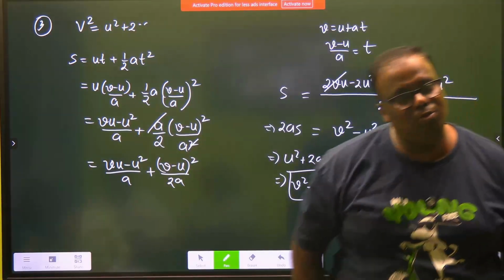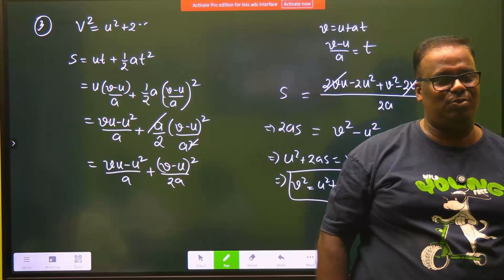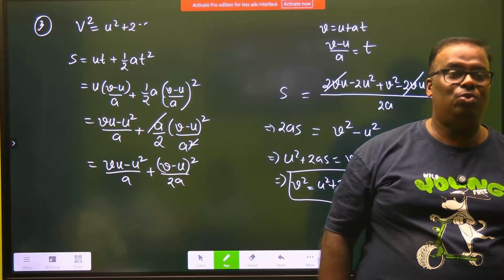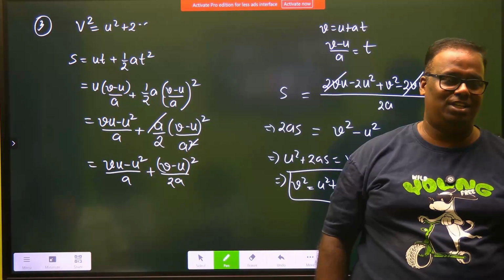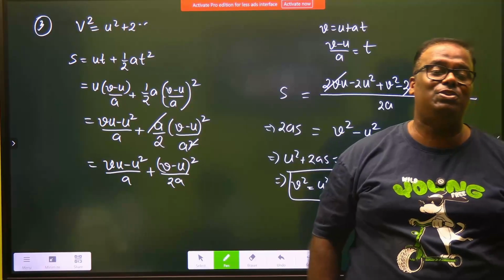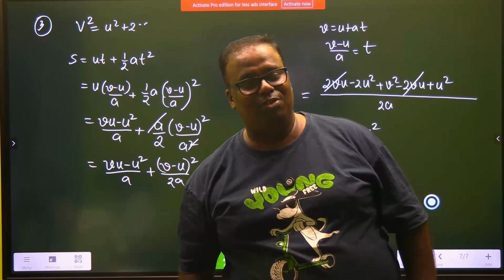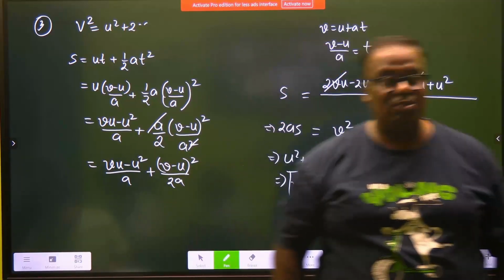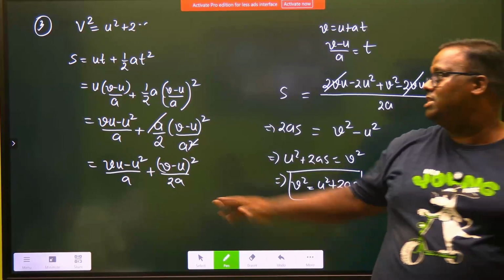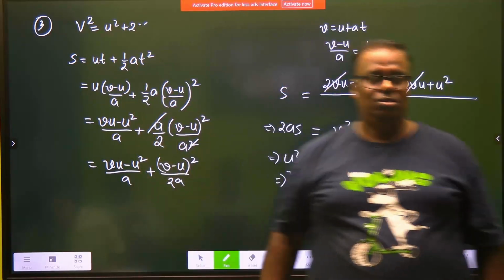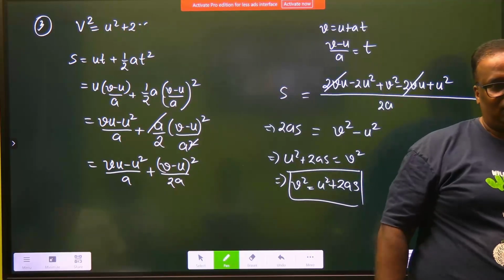Do you know a formula for displacement before the start of the three equations? No. Do you know a formula for time? No. You just know one equation, v equal to u plus at. That too, you know it as a equal to v minus u by t. From there, you established v. From there, you established s. And now, from those two equations, you established what is final velocity, v square. ऐसे होता है, ठीक है?